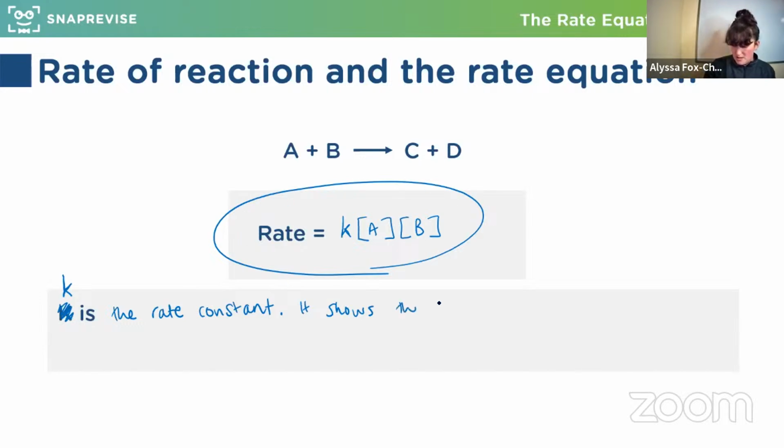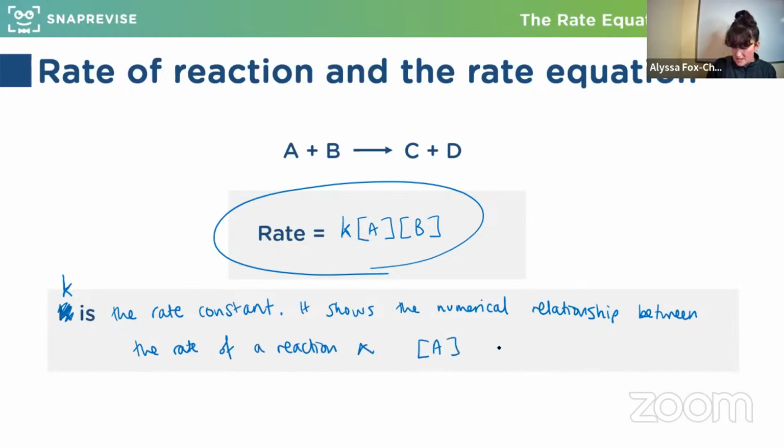It's showing the numerical relationship between the rate of a reaction and the concentration of the reactants, whatever they might be. In this case, they are A and B.